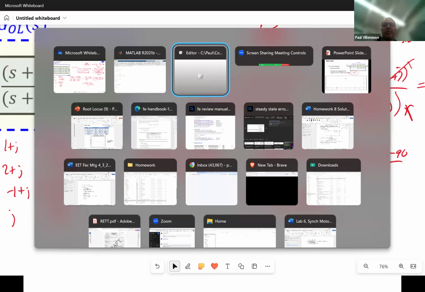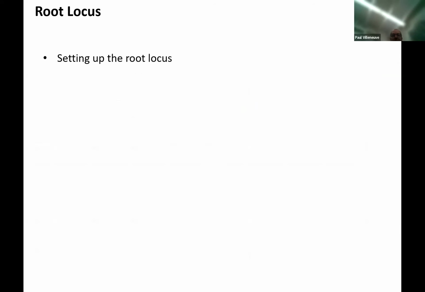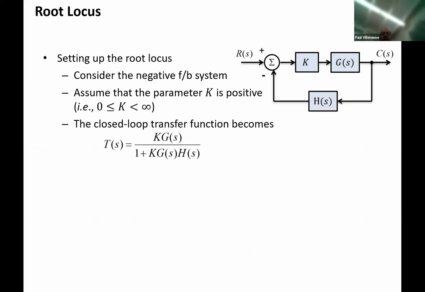So where's PowerPoint? Here we go. All right, so now we know how to do that. Now we're going to go ahead and actually set up the root locus and see why our system has to be equal to 1 at an angle of plus or minus 180 degrees. We're going to assume that this value is positive for obvious reasons, right? We don't want negative gain.